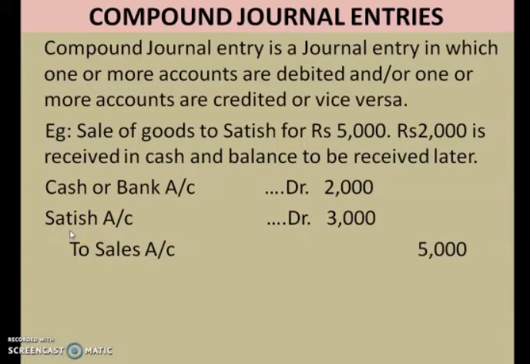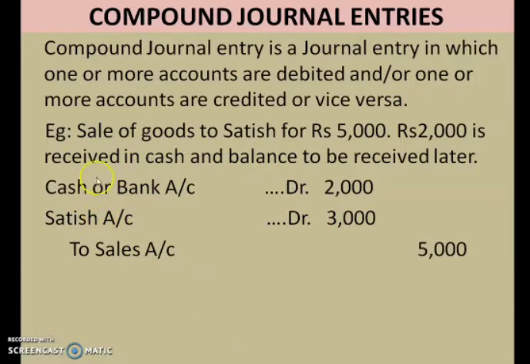Satish being our debtor is an asset, and as the asset increases, we have to debit it, for 3,000. Satish being debtor, his account will be debited, to sales account 5,000. You can see there is more than one item on our debit side, so this type of entry is known as a compound entry.